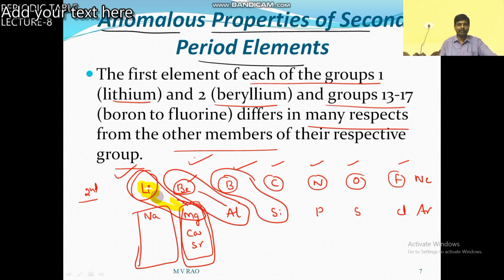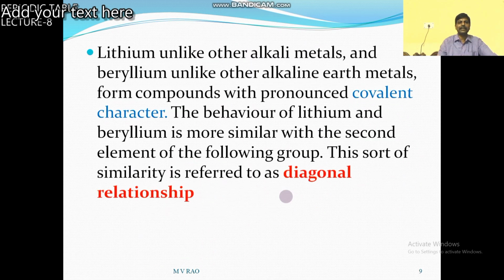There are 3 diagonal pairs: lithium and magnesium, beryllium and aluminum, boron and silicon. This is the diagonal relationship. What is the diagonal relationship? You will see here, lithium, unlike other alkali metals, and beryllium, unlike other alkaline earth metals, form compounds with pronounced covalent character.